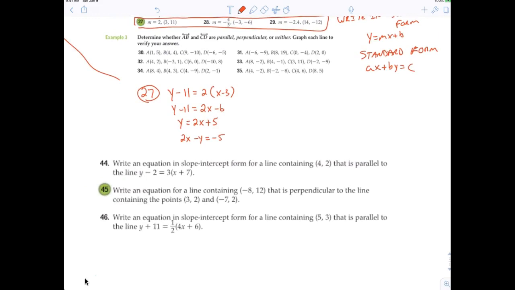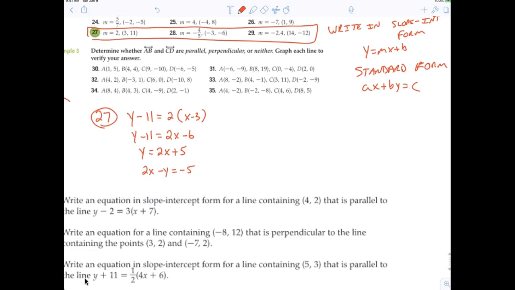All right, so let me walk you through 28. Someone who's thinking, tell me what the point slope form would be. So it would be y plus 6 equals -4/5 x plus 3. Beautiful.